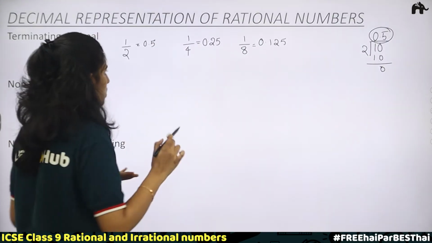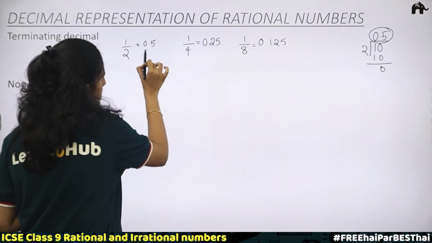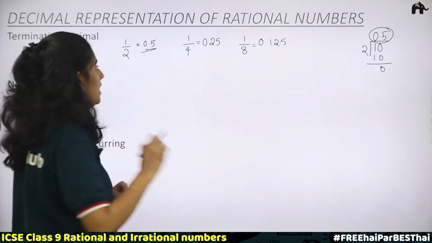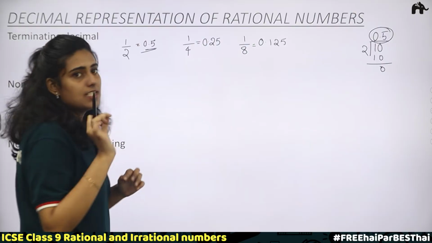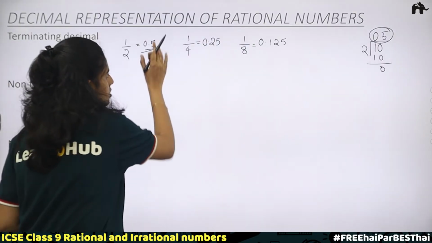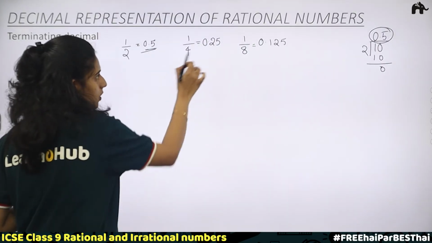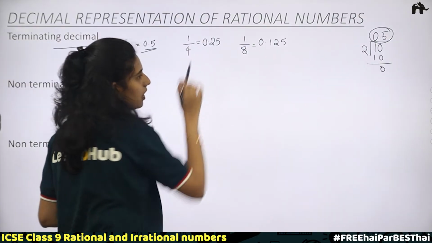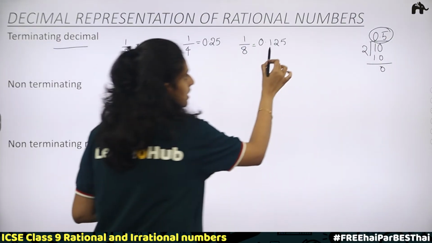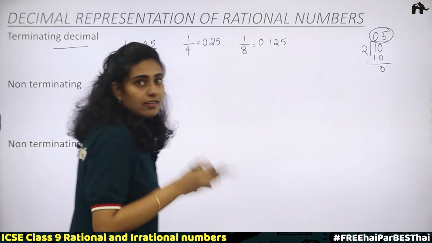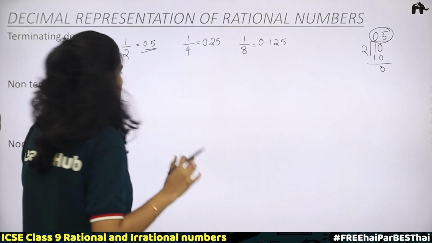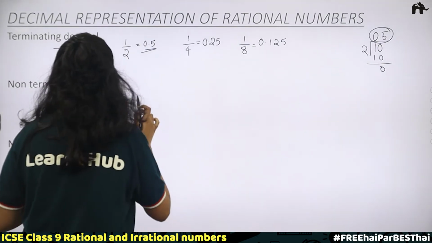It is not continuing. So, this type here, if the decimals are stopping, then we call it terminating decimals. Terminating means stop. Terminate means to stop. Okay. Here 1 by 4 is 0.25. It's not continuing. Here it is 0.125. Again stopping.